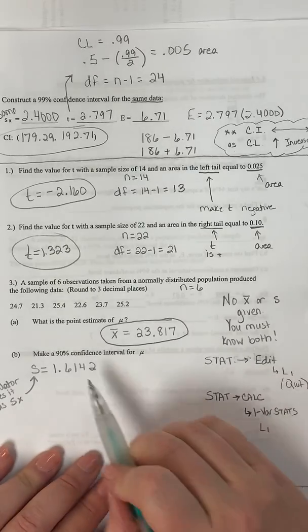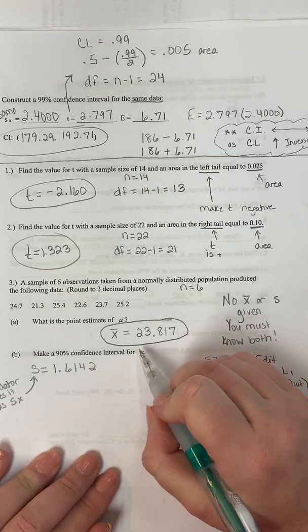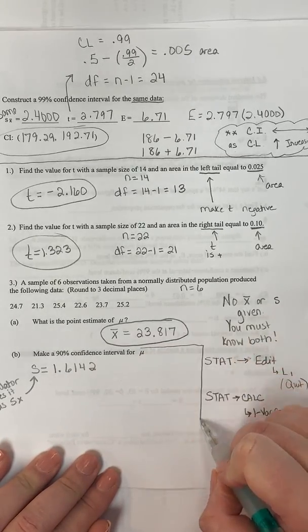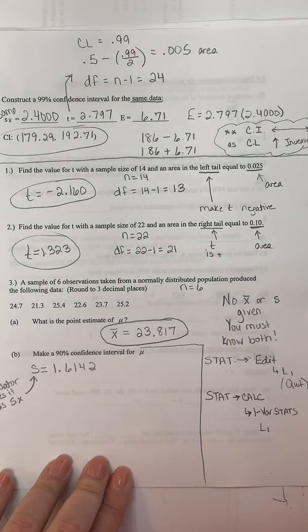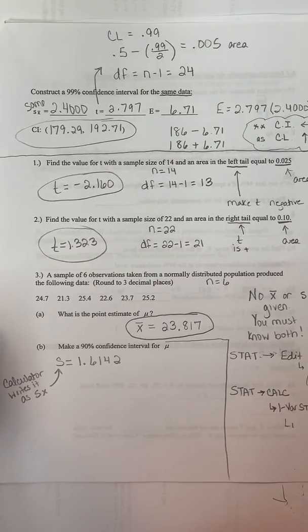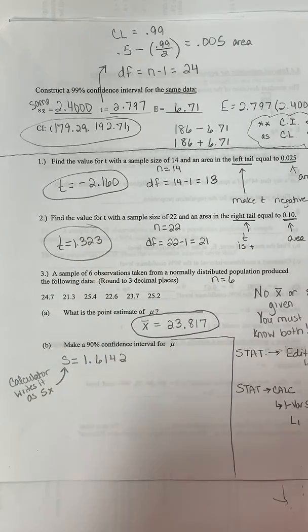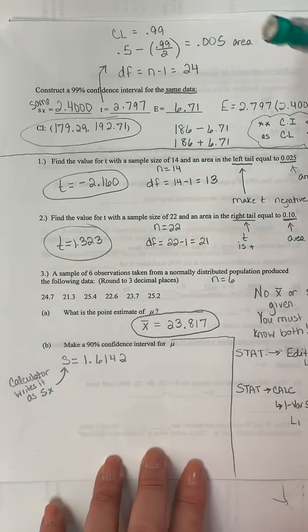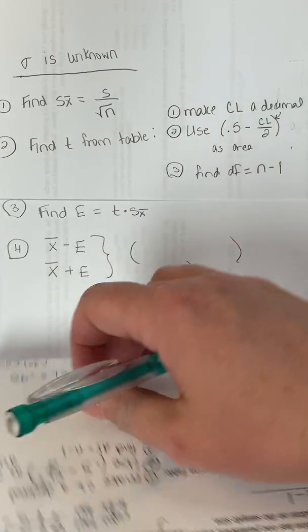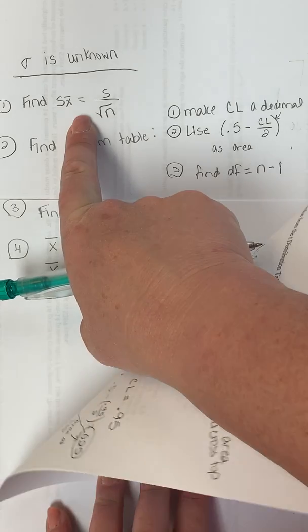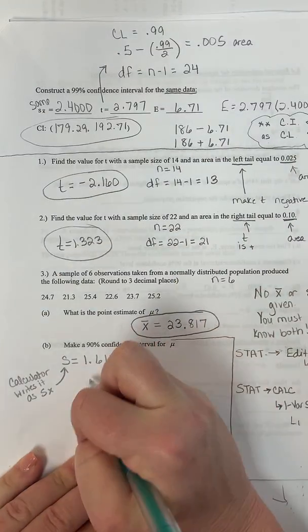All right, so we need a 90% confidence interval. Remember the calculator is going to write it as S of X, but it's just plain old S. So we need to make sure you realize that. Okay, so first thing we need to do, find S of X bar.